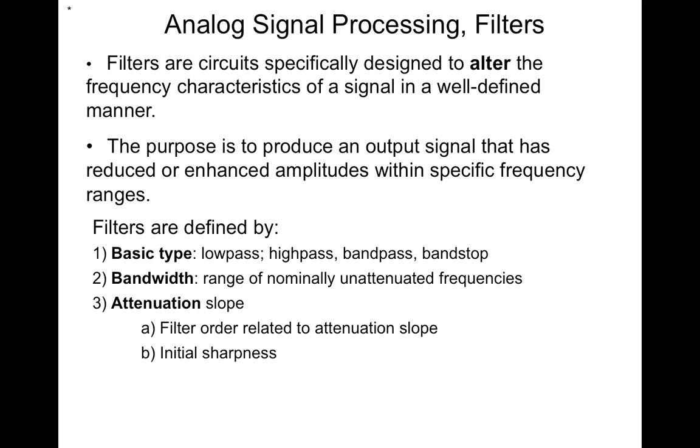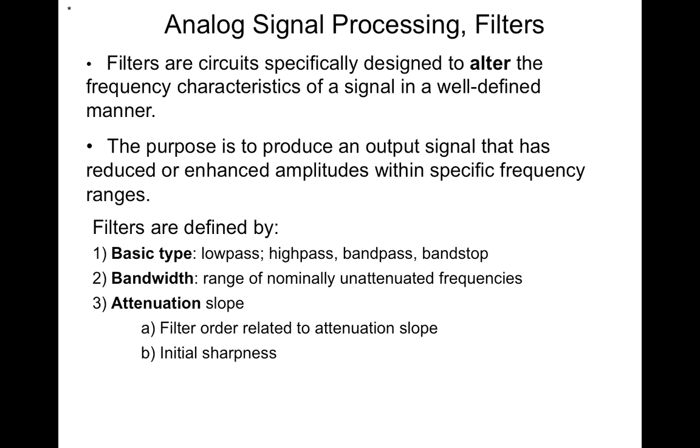There may be some built-in capacitance to the sensor that you then have to work with, because it's going to have some filtering effects just based on the fact that there's a capacitor in the sensor. So sometimes you're trying to either mitigate or take advantage of those situations when you do analog signal processing.